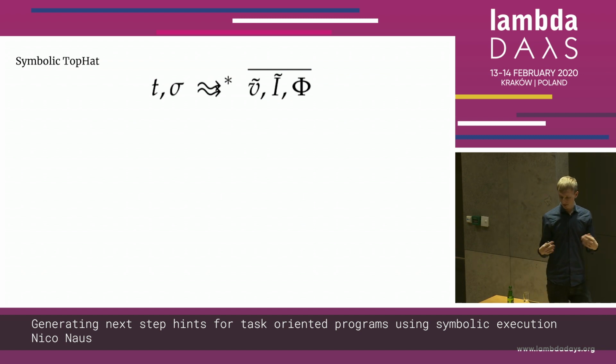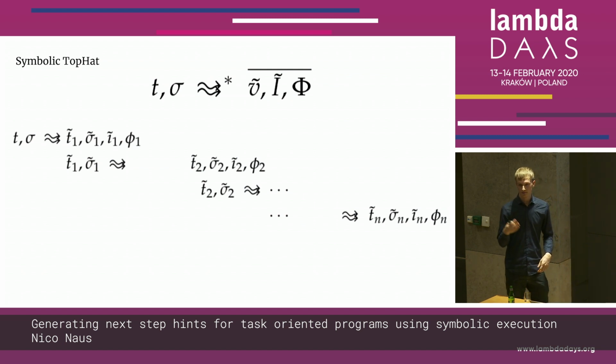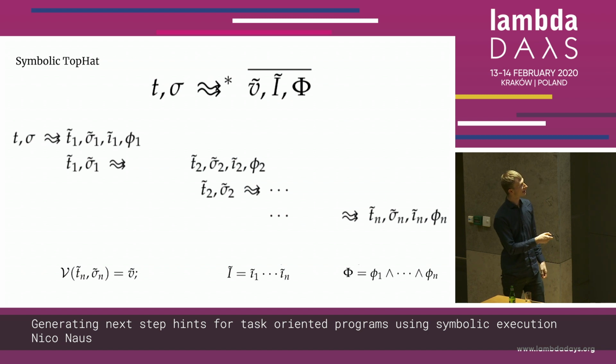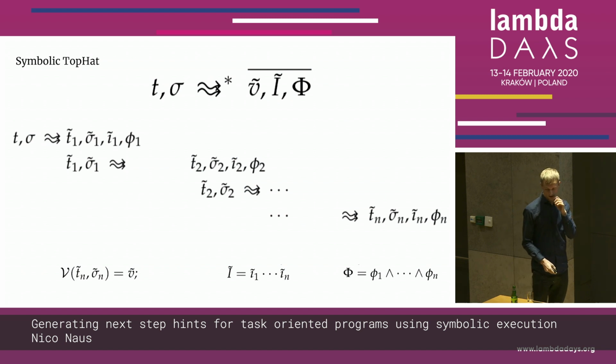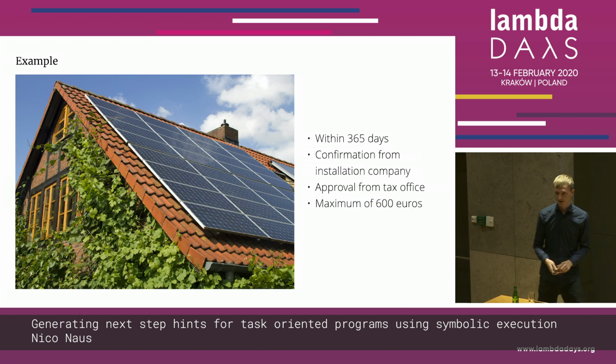And to build this, we simply run the symbolic execution semantics until, at some point, we arrive at Tn, and Tn has a certain value, and then this is just a list of inputs that we've seen, and these are all the path conditions.